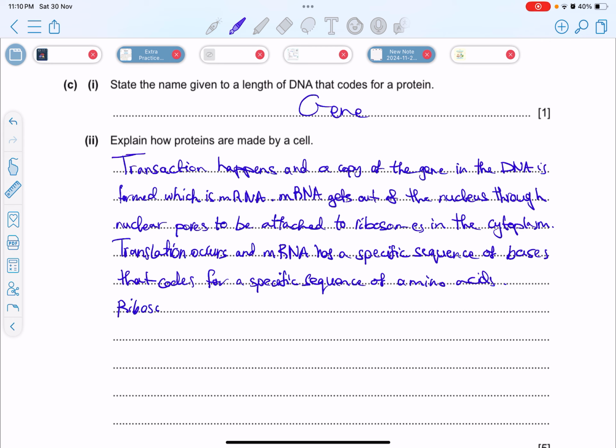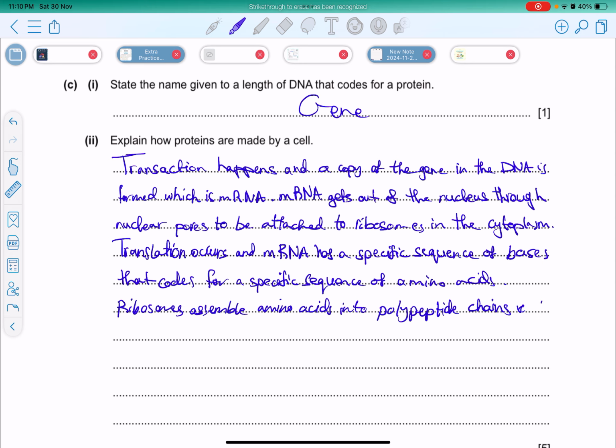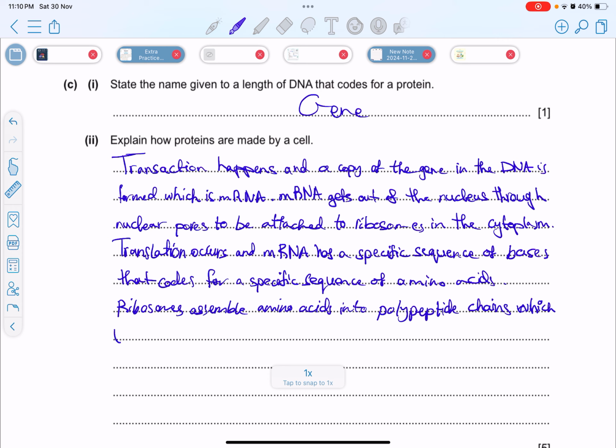Ribosomes assemble amino acids into polypeptide chains, which then fold to turn into a specific 3D shape. Here is what happens.